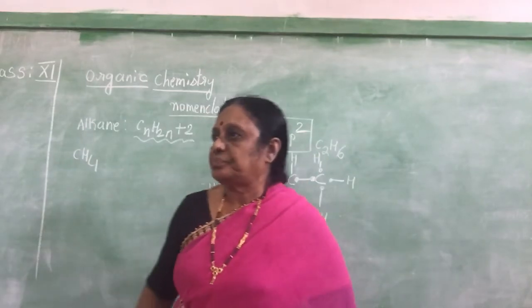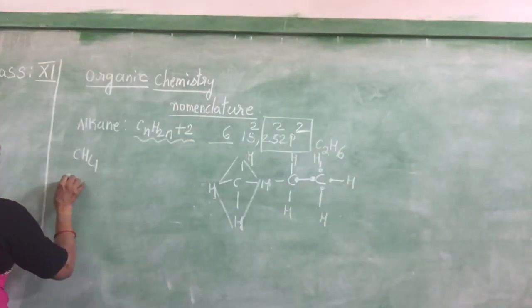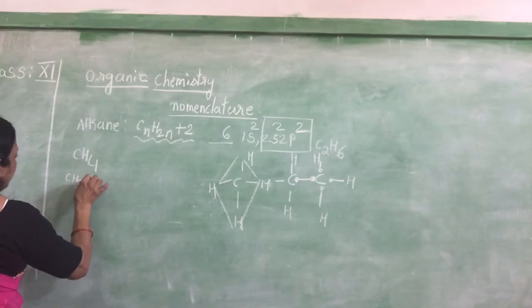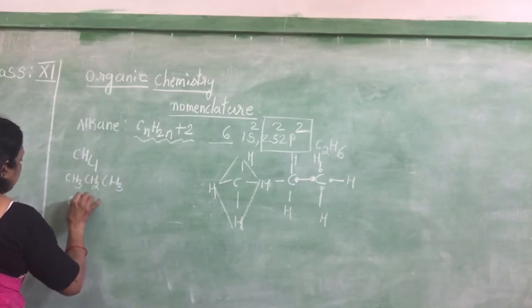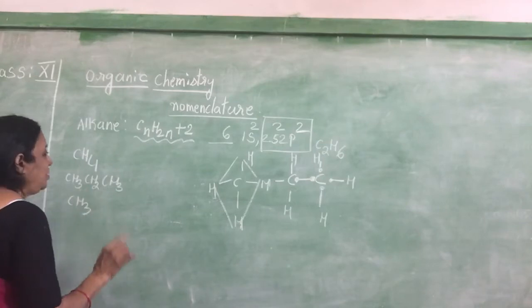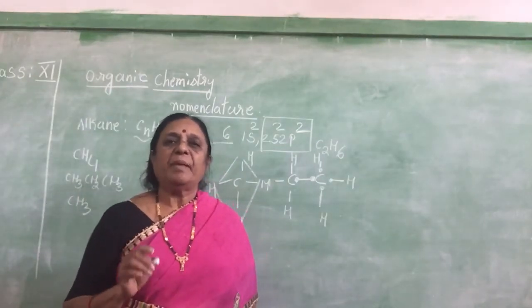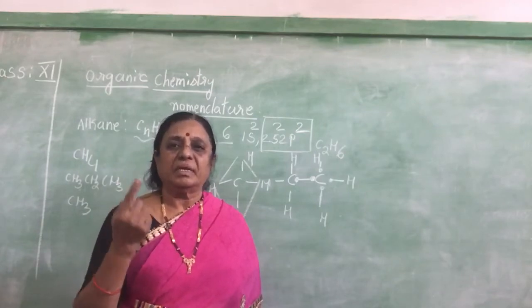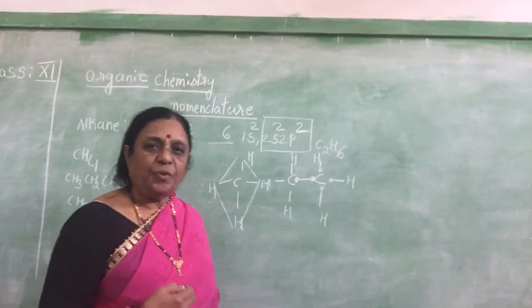Now propane. How will you write? 3 carbon atoms, CH3, CH2, CH3. Now butane, CH3. As we are moving from lower to higher, please remember this point. There is an increase of 1 CH2 group. So blindly you can follow, children.